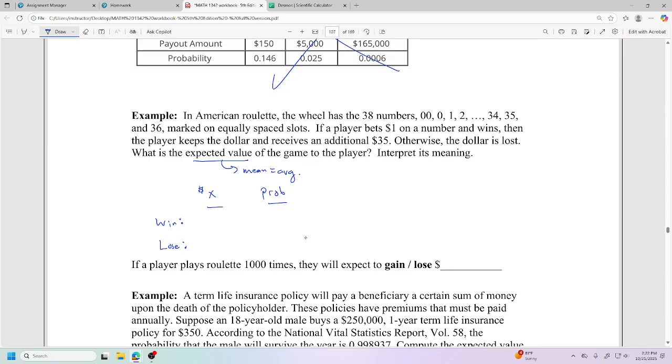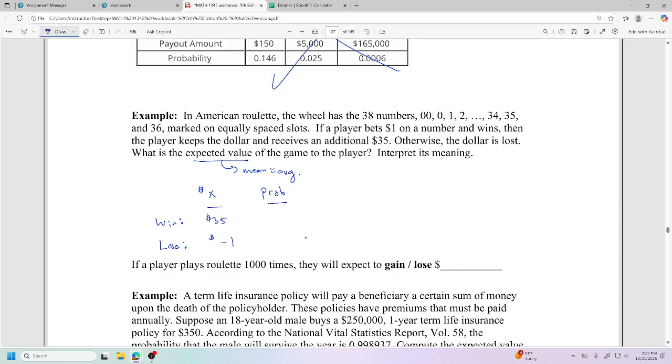How many dollars did I gain if I win? 35. I gained $35. But if I lose, how many dollars would be in my pocket? 0. But if we're going negatives, because I'm losing it, right? -1, exactly. I'm losing my dollar. Perfect. So yeah, I'm losing $1.